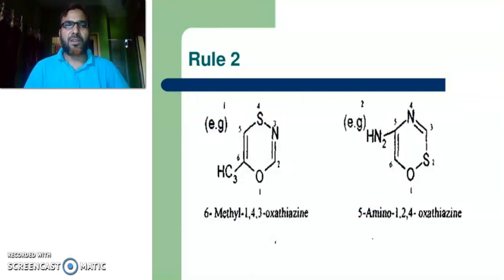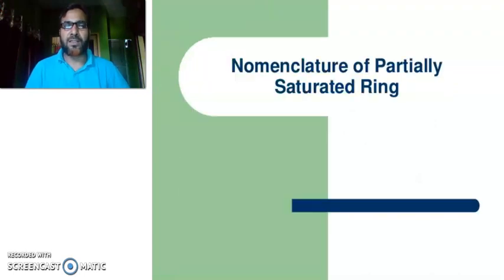Now you can see oxygen 1, 2, 3, 4, sulfur 5, 6. So 6-methyl-1,4,3-oxathiazine. You can see here oxygen getting first priority, then sulfur, then nitrogen. 5-amino-1,4-oxathiazine.